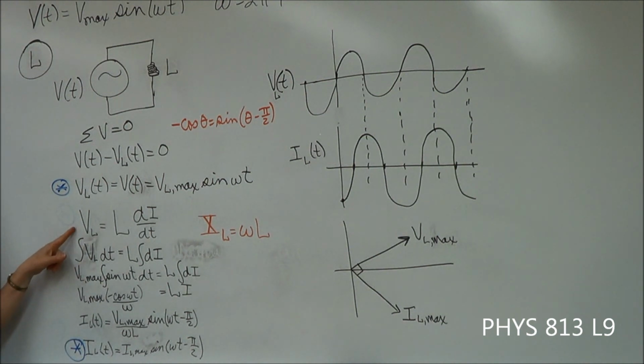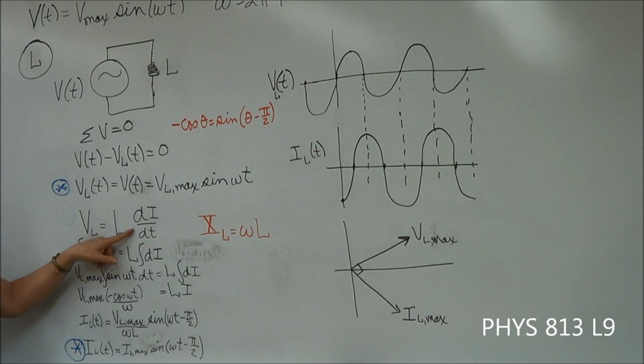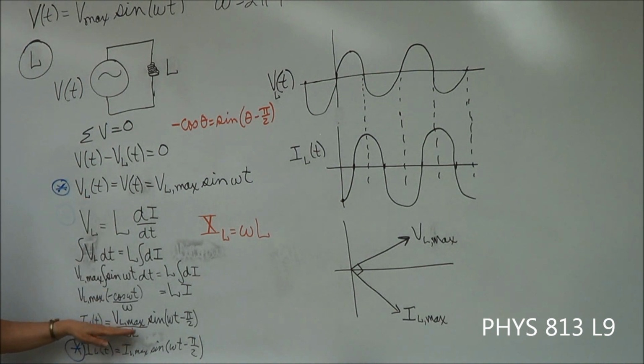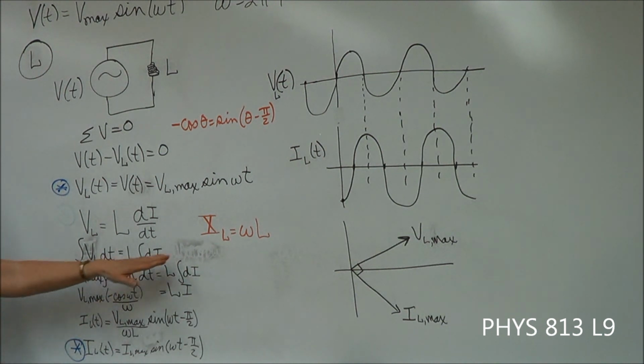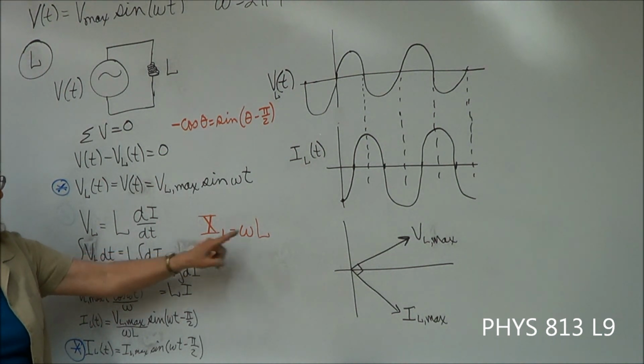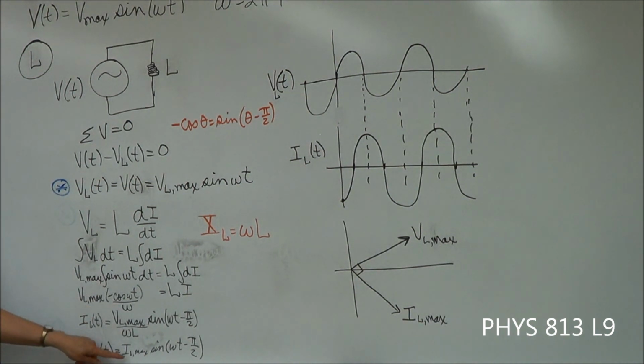We start with our definition that relates voltage and the rate of change of current. We go through the calculus part to integrate. We introduce a new term for reactance for the inductor, which is omega L, and we have that in here to get us the maximum current for the inductor.